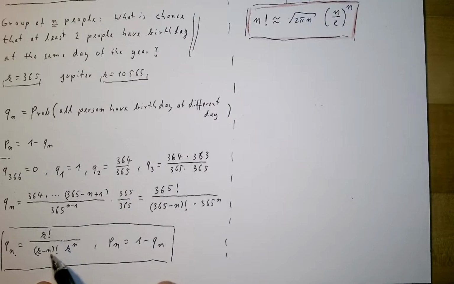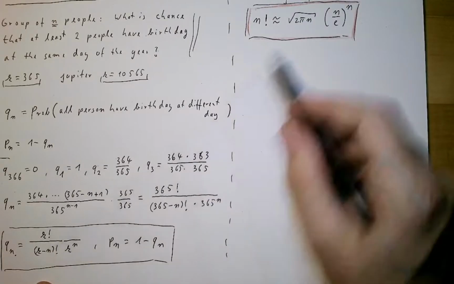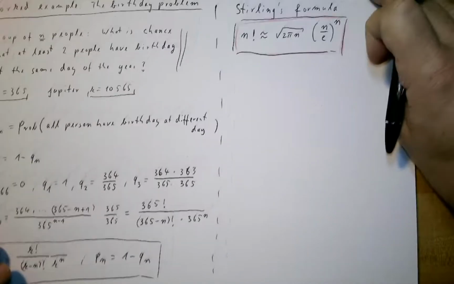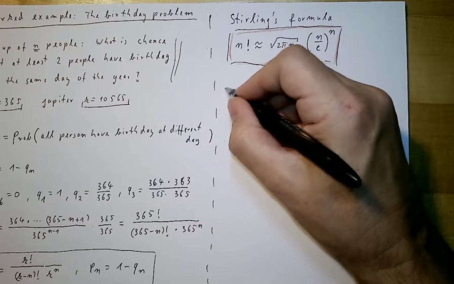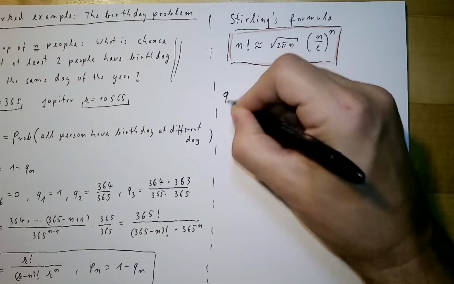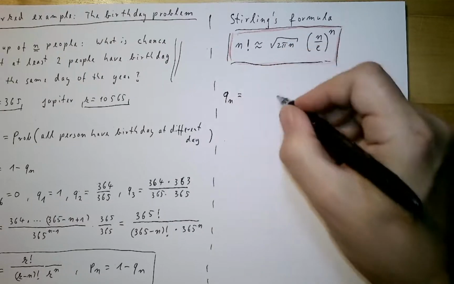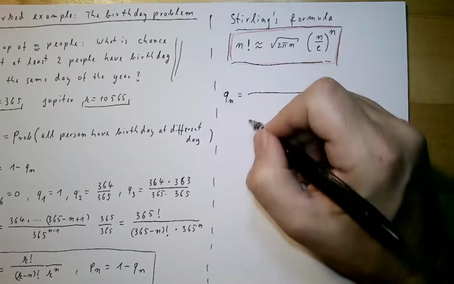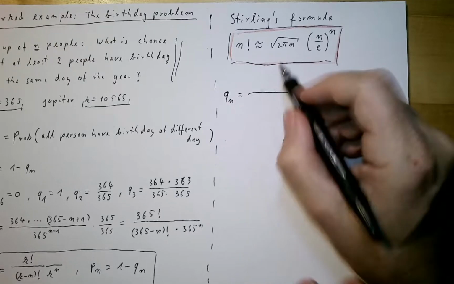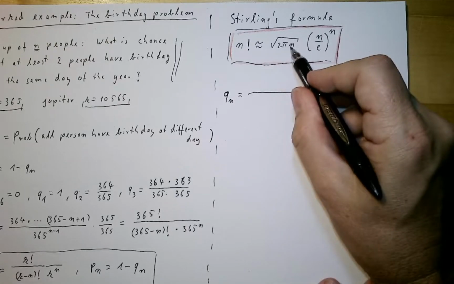And so we have here 2 times the factorial, k and n, and so we have to apply Stirling's formula 2 times. So if we do this, then we write down this q_n. We have here, first we take the square root terms.